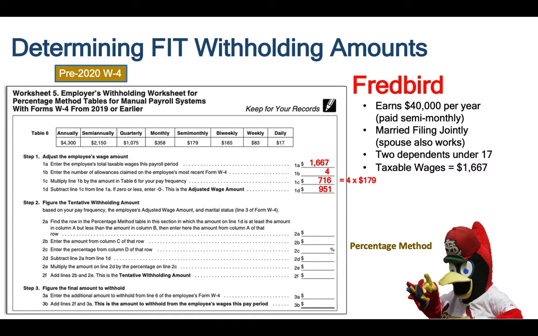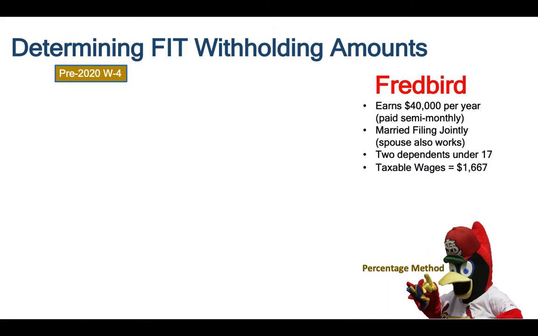Then, step 2, figure the tentative withholding amount, based on your pay frequency, the employee's adjusted wage amount, and marital status. 2A, find the row in the percentage method table in this section in which the amount on line 1D is at least the amount in column A, but less than the amount in column B, and then enter the amount from column A of that row. So we need to find the right table.